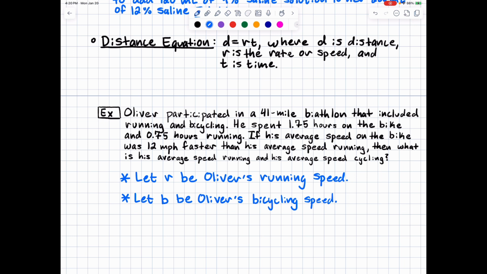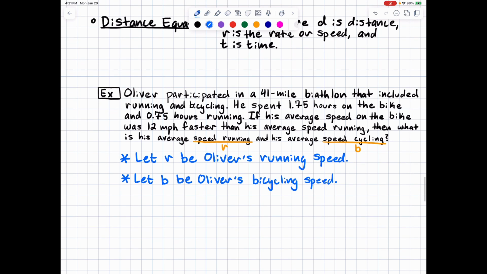We want his speed running, which we called R, and we want his speed cycling, which we called B.